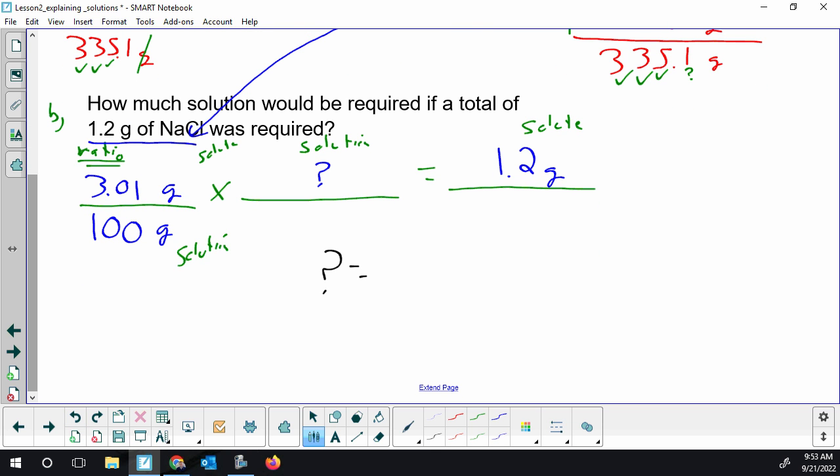So the question mark equals, I have to pull this ratio to the other side, and when I do, it ends up flipping. So 1.2 grams of solute times 100 goes to the top. The 3.01 flips to the bottom.